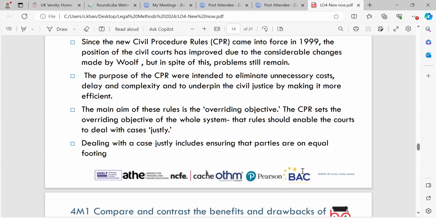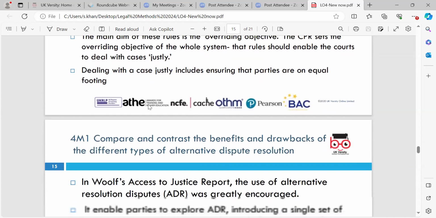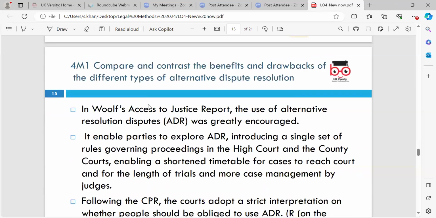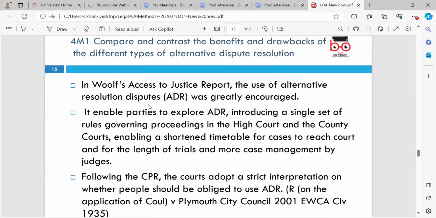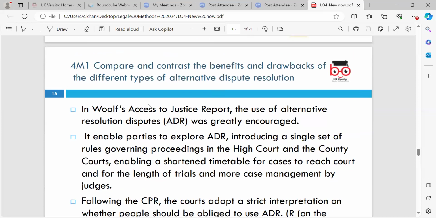So now we're going to go on to the next slide, which is 4M1, which is to compare and contrast the benefits and drawbacks of the different types of alternative dispute resolution. Alternative dispute resolution is something that is dealt with outside of court, and it is used more nowadays, as previously it was not used.